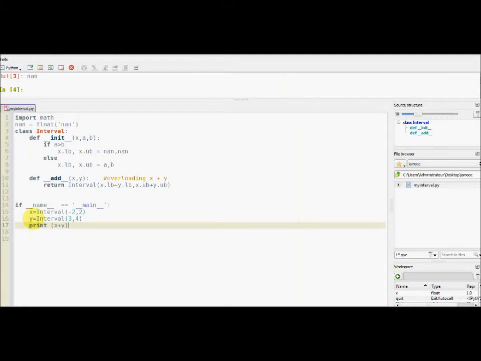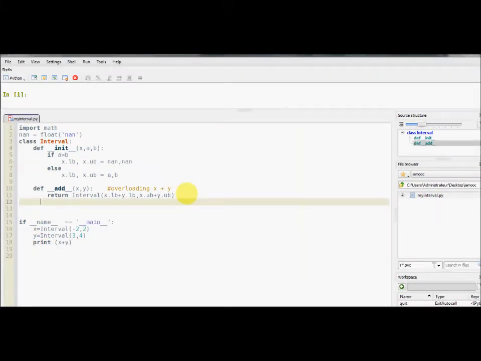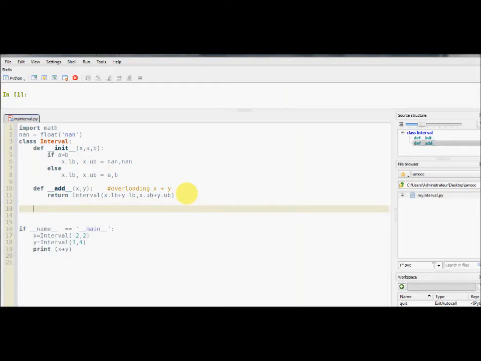For the print, I will have to program a definition for the representation, so def representation of an interval x. So at the end I have to put this, and here also.